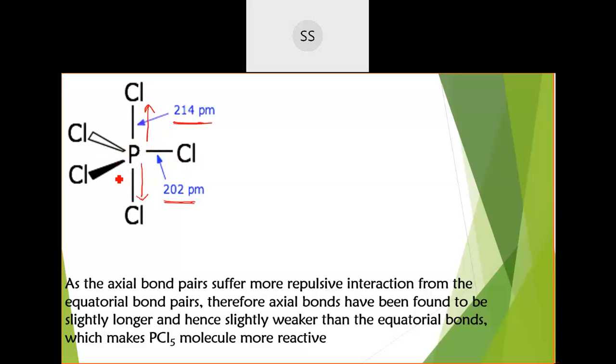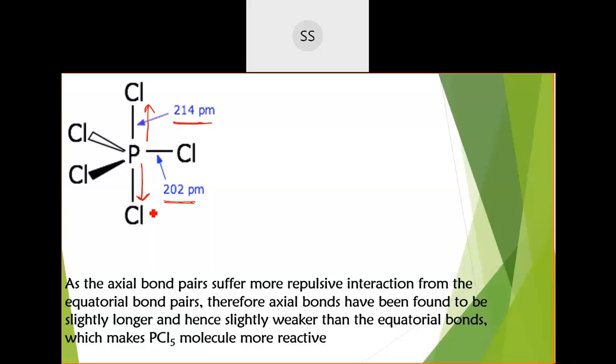That is happening because of the compact structure, due to which the axial bond pairs suffer more repulsion. When suffering more repulsion, they try to reduce it by going far away from this place, so they expand the length.